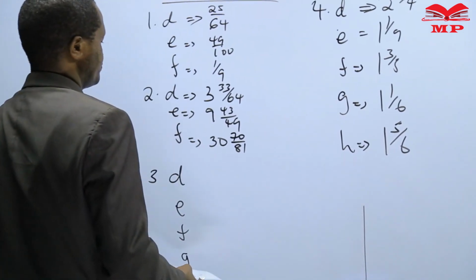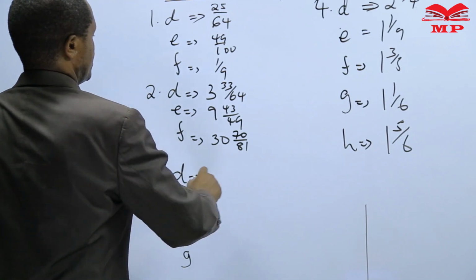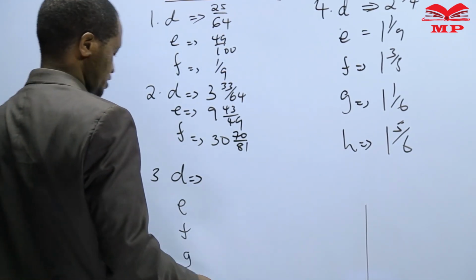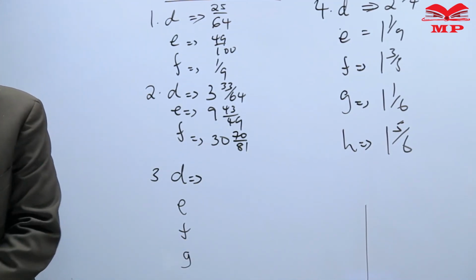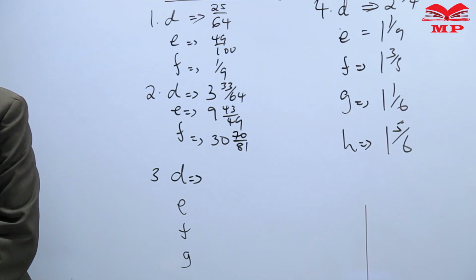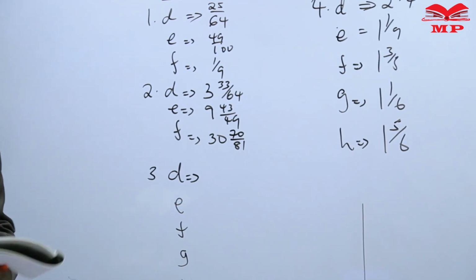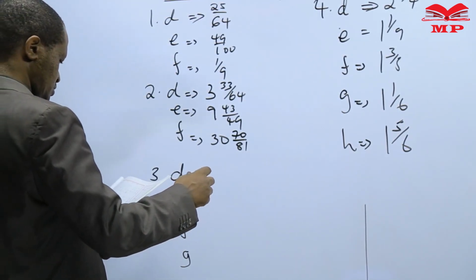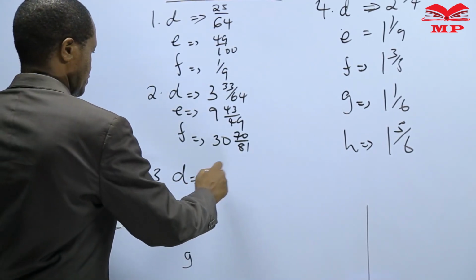Question 3, the answers. Question 3D, this is exercise 21. Question 3D is 5/6.